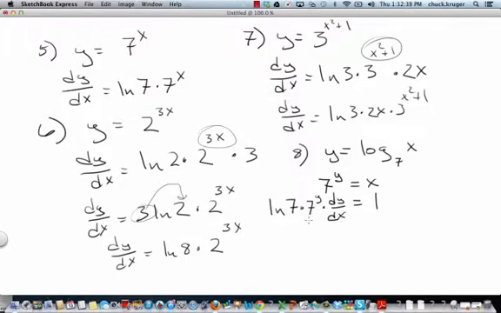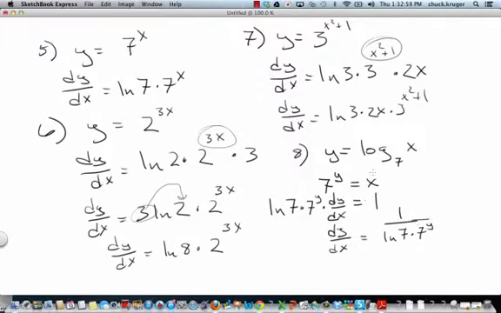So this is going to give me, I'm going to divide both sides by the ln of 7 and 7 to the y, so dy/dx is going to equal 1 over the natural log of 7 times 7 to the y.